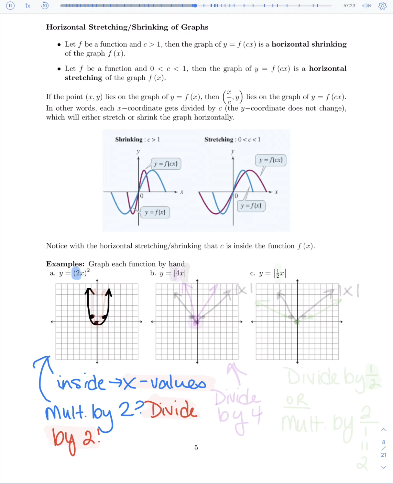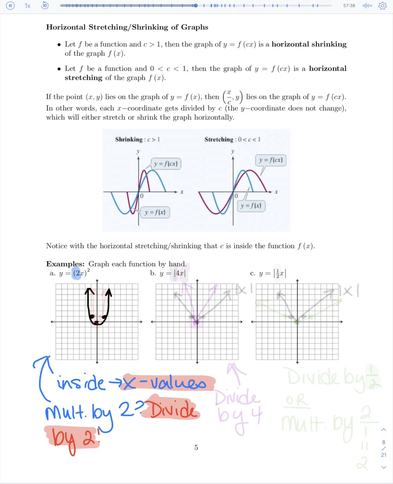But dividing by 2, and again, we are on the inside, so you're doing this to your x values, will not change the y, so it won't change the height. What it'll do is cut the x values in half.